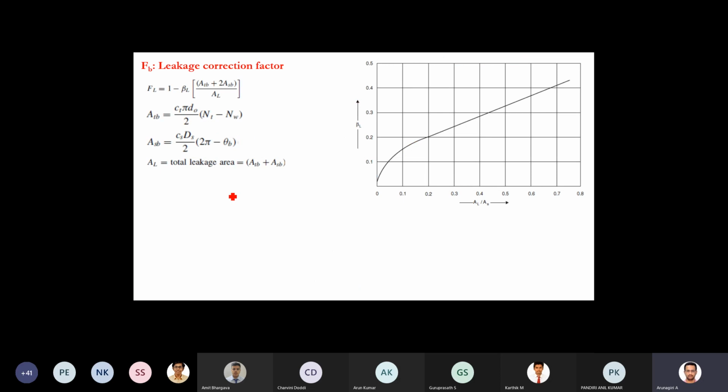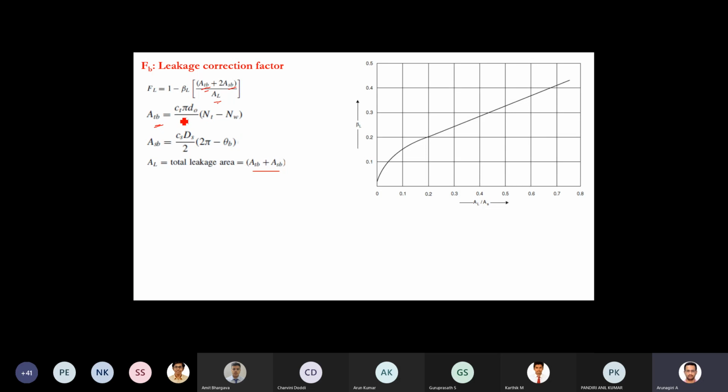Another one is the leakage correction factor. In the leakage correction factor, you have to account for ATB, tube to baffle, shell to baffle, and the total leakage area. So this AL is ATB plus ASB. ATB we already discussed. This ATB is the tube to baffle clearance area; you have to subtract the number of tubes in the window zone.